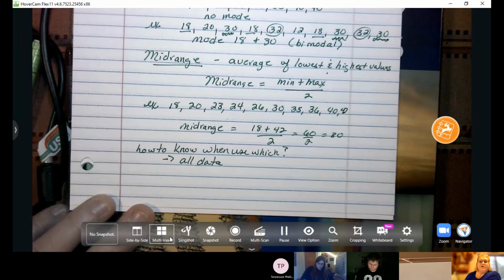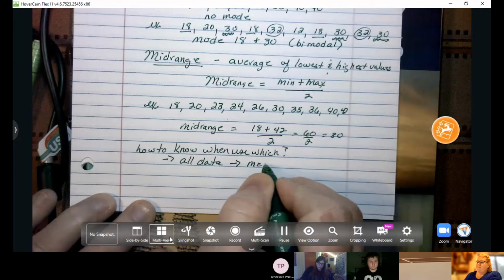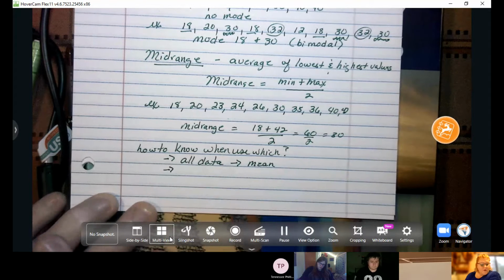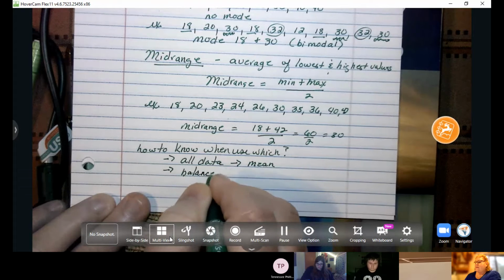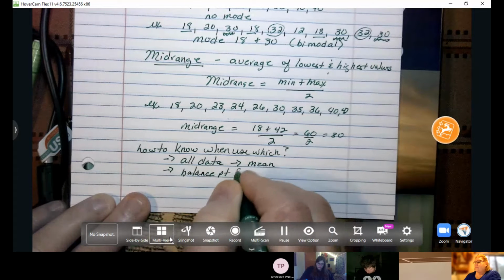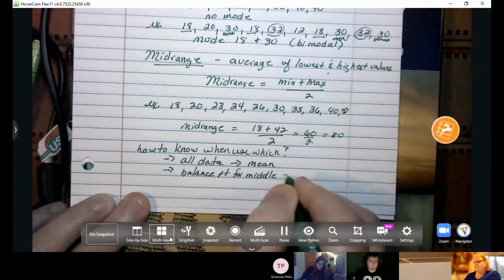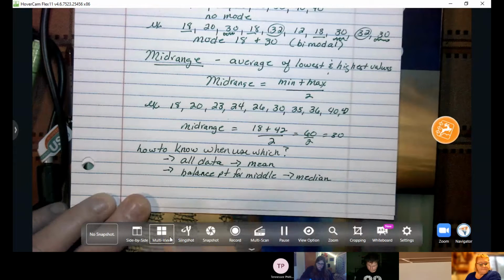Which calculation involved every single item? The mean. Which one gave you a balance point for the middle? That one is the median.